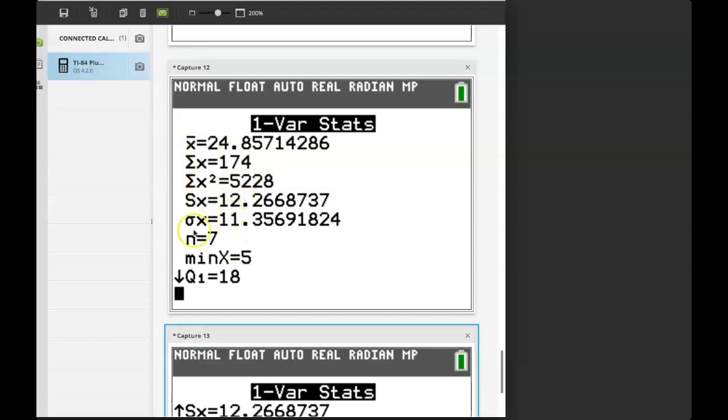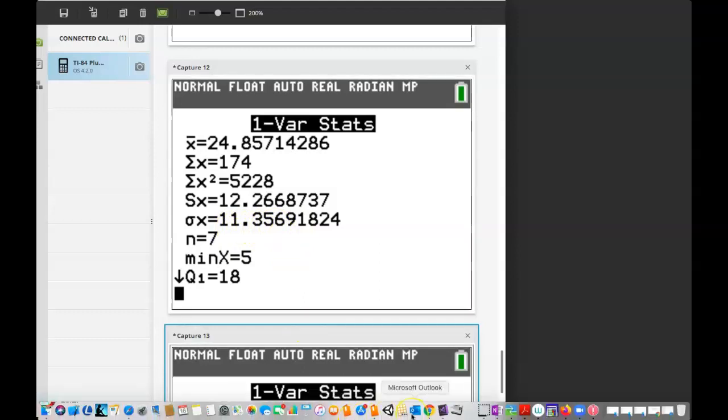When you enter data, this calculator doesn't know that your data was based on population or sample. That's why you may see x bar instead of mu. But you already know that you're working on population. This is standard deviation for sample, starting with S for sample, and sigma is for population. So the answer for population standard deviation is 11.3569. If we round it, it will be 11.36.